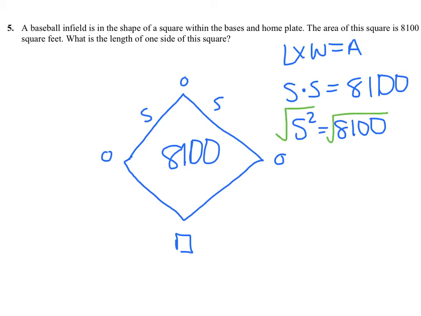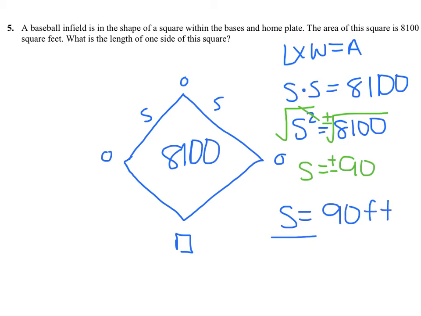And remember, whenever you square root, you're supposed to put a plus or minus in front of the radical. These cancel over here, and we're left with s equals 90. And it should be plus or minus. However, we're talking about a real life situation here, and you can't have negative feet. So our final answer would be s equals 90 feet. That would be the length of one of the sides of the infield.